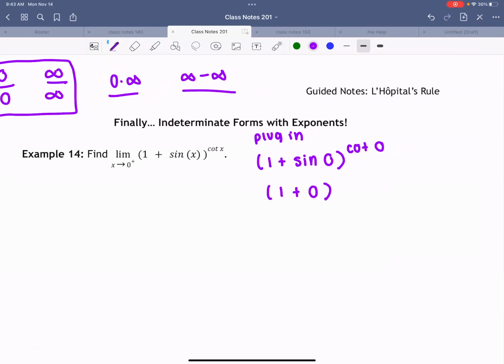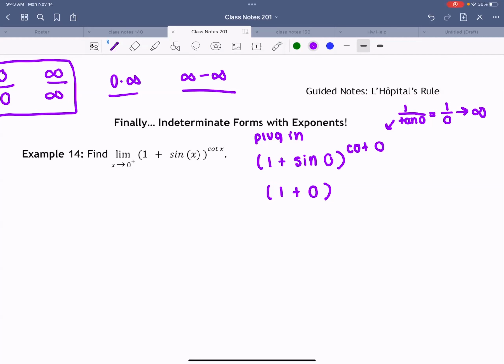What's cotangent of 0? It's undefined. Cotangent is 1 over tangent, right? What's tangent of 0? Tangent of 0 is 0, so this is 1 over 0. Where's this going to? Infinity. Good.